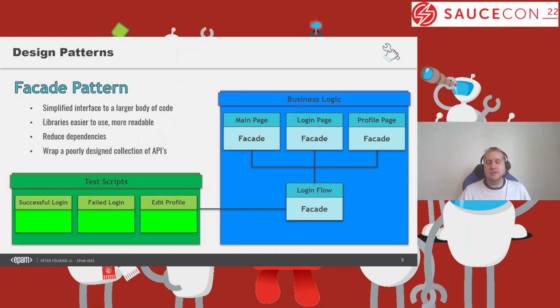My personal favorite is the facade pattern, and there are numerous reasons for that. First of all, I think this can be easily leveraged in test automation. And second, the page object pattern, the flow model pattern, and many other test automation specific design patterns are actually built on the facade pattern. So what is it? Basically, you're literally creating a facade over a piece of code that you would like to hide.